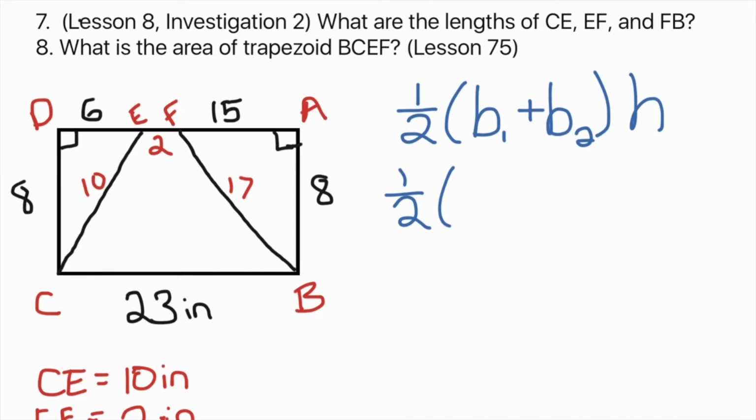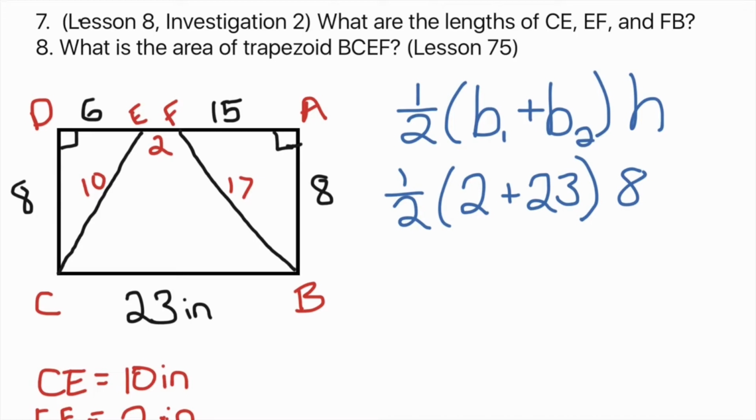If you recall, the bases of a trapezoid are the two parallel sides, not the slanted sides. So EF and CB are our two bases. So I'll plug in 2 for base 1 and 23 for base 2 times our height. And remember, the height is perpendicular to the base, so it's 8.